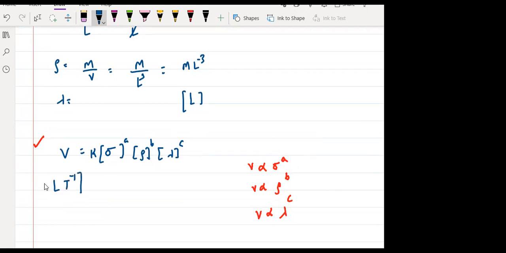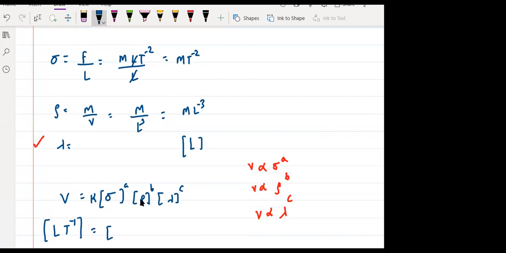K is a constant, so I'll just ignore it. Sigma is M T to the power minus 2, so (M T to the power minus 2) to the power A into (M L to the power minus 3) to the power B into L to the power C.